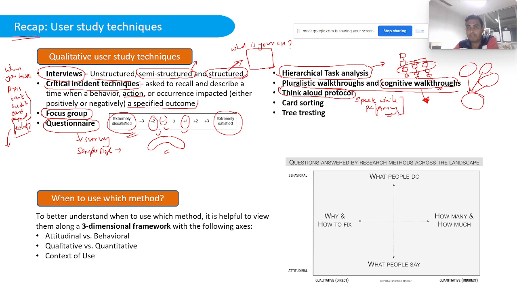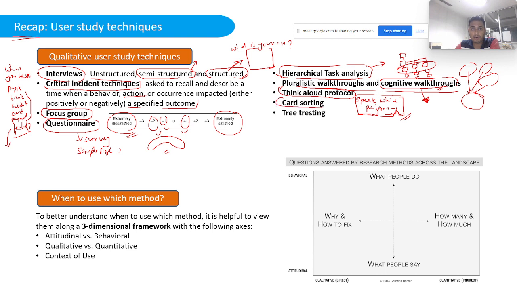All that information we can identify based on the way the person speaks while doing their activities. So this is very helpful to identify information which is not visible in real life, which is mostly mental activities that actually go on inside the head of a user.